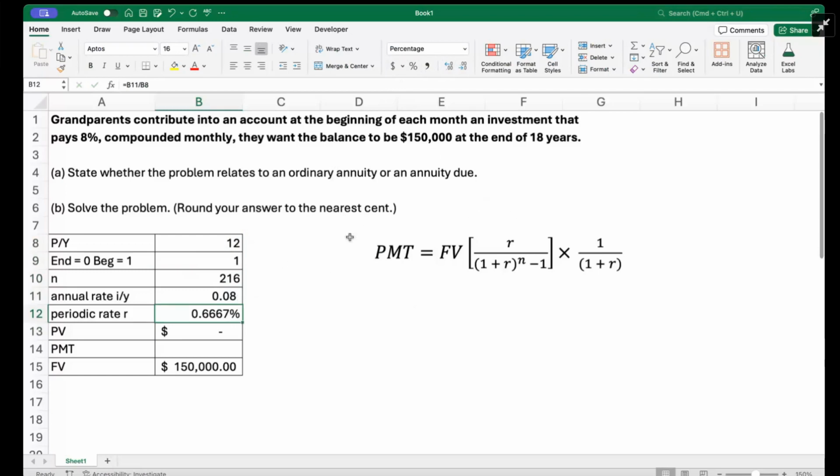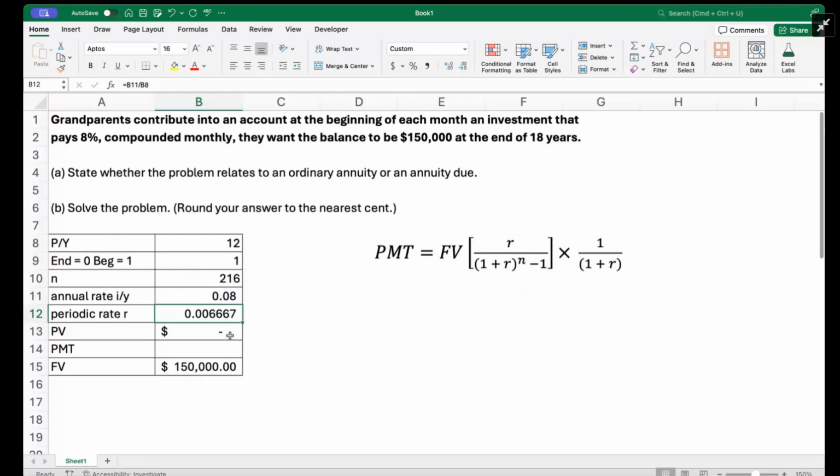Now to use the formula, I have the formula over here. We're going to use not the percentage, but just the decimal format. So you need to use 4 or 5 digits so you can get a good answer without a lot of rounding error.